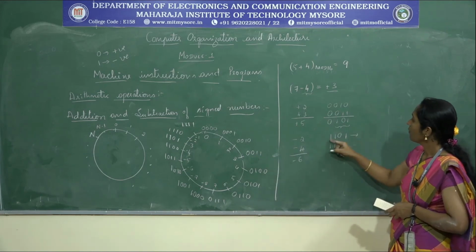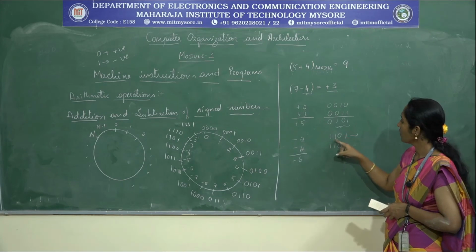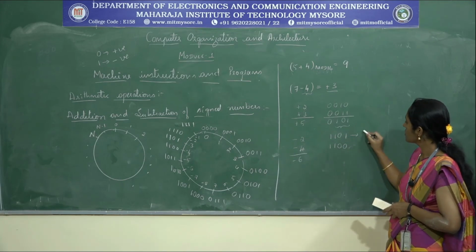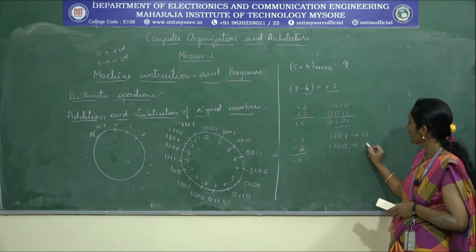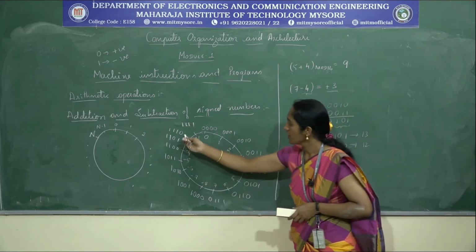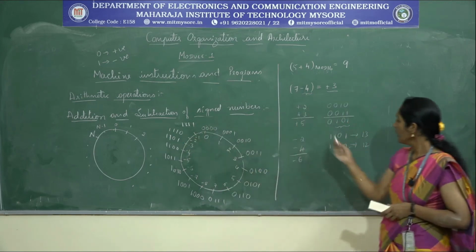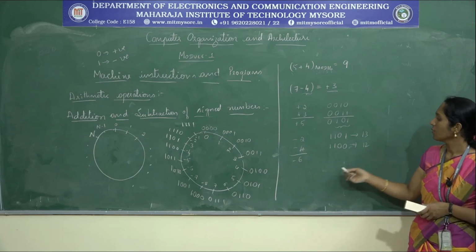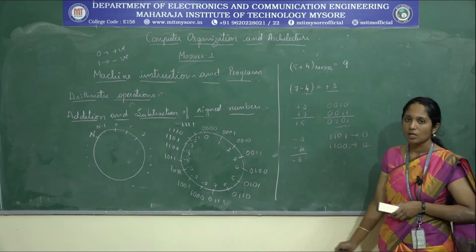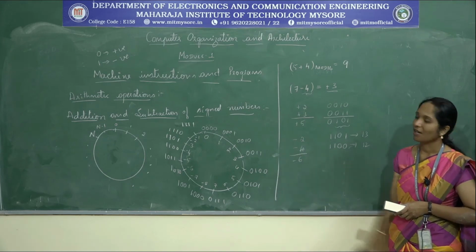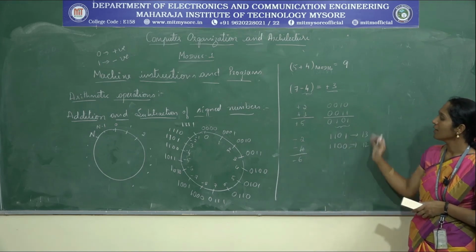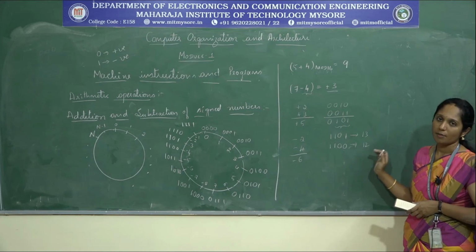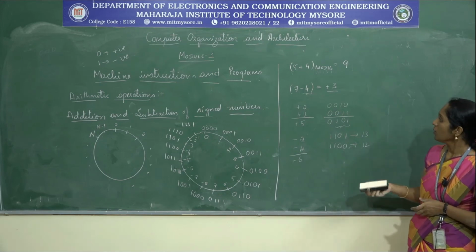Locate 1 1 1 0, which is 14, and the other is 12. So locate 14, and rotate the circle in the clockwise direction 12 times, so that you get the result as minus 6. So that is how we make use of this graphical device in order to find out the result of addition and subtraction.